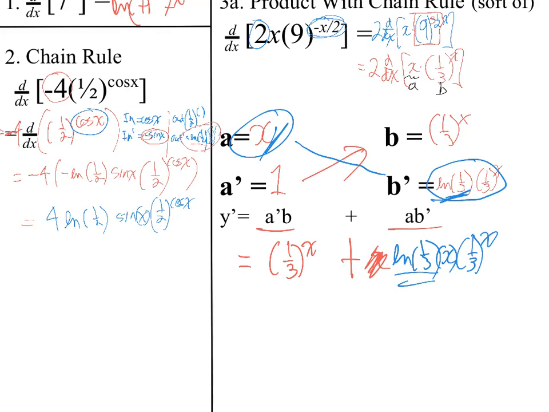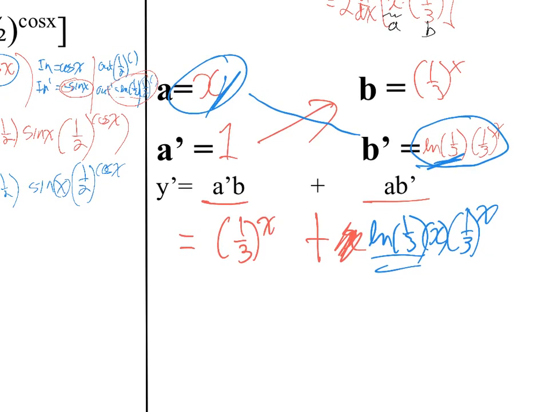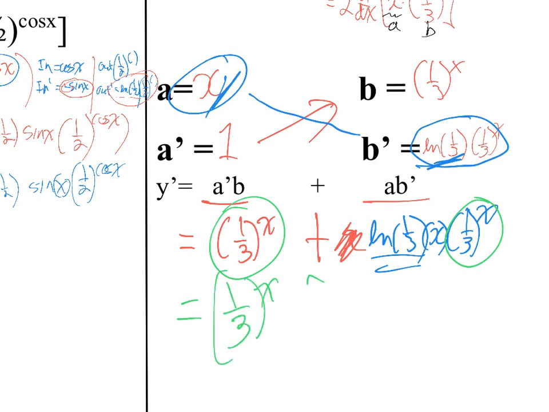What I'm going to do is simplify that as if I was being asked to simplify it. So do you see a common factor here? Well, I think I do. I see 1/3 to the x and I see 1/3 to the x. So I could factor out 1/3 to the x, and then now I divide. So now it's 1/3 to the x here divided by 1/3 to the x.